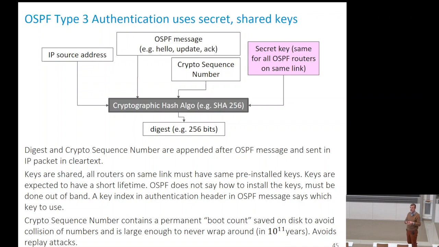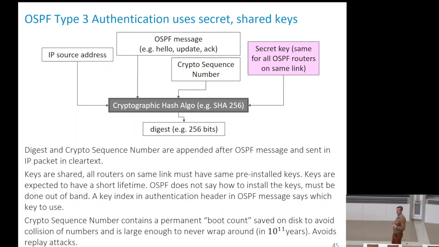So an attacker that has recorded the message, if you play it again, it will be detected because the sequence number must be updated. If you received it already, you know it's a duplicate, an invalid duplicate. So all this information, including also the source address of the router that is sending you this information, is put into a hash, and the resulting 256-bit word is also sent in the OSPF message.